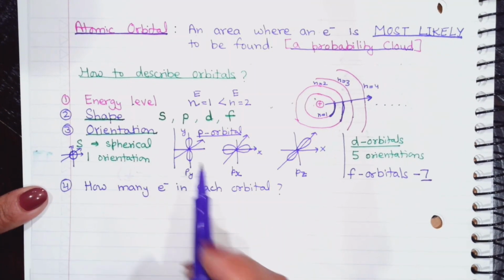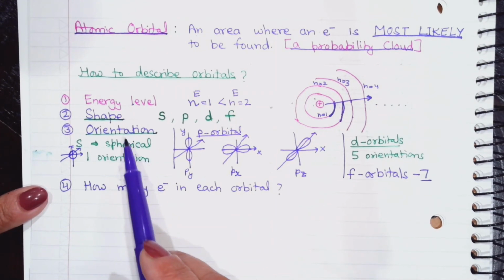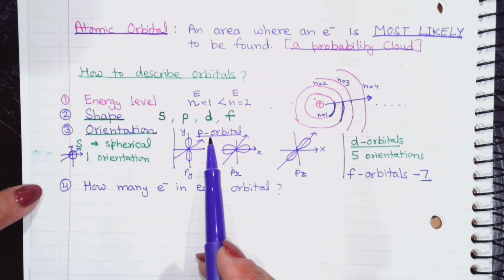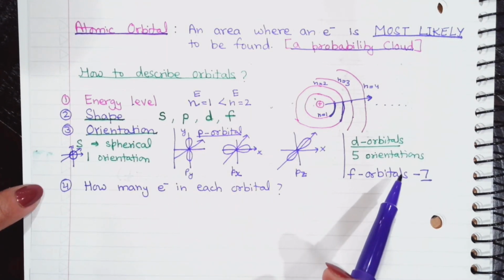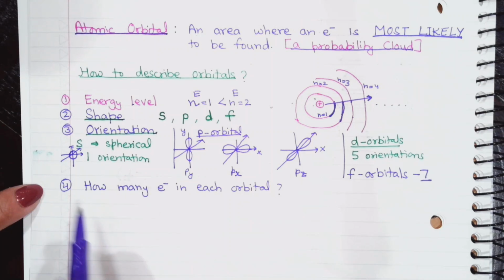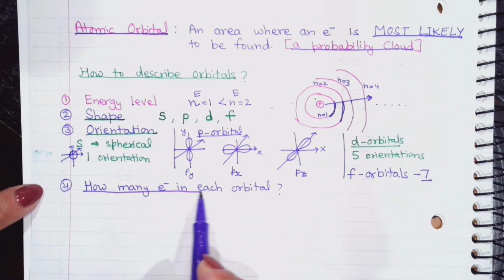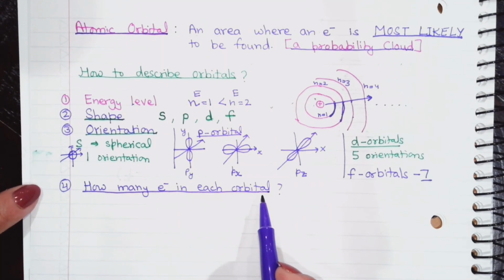So this is how we can tell how many different types of orbitals there are in p, s, d, or f orbitals, right?